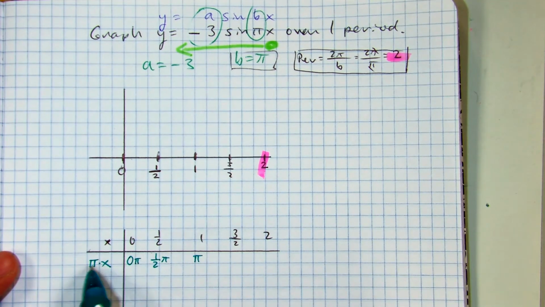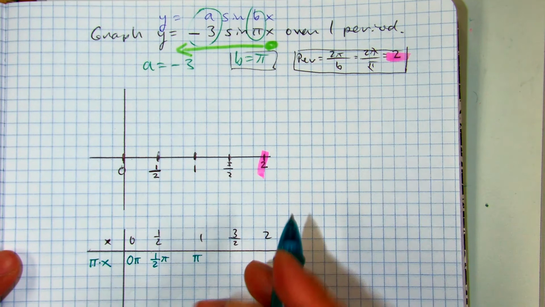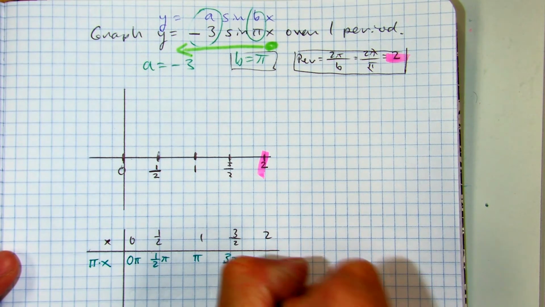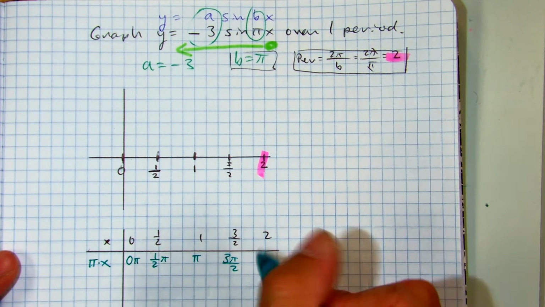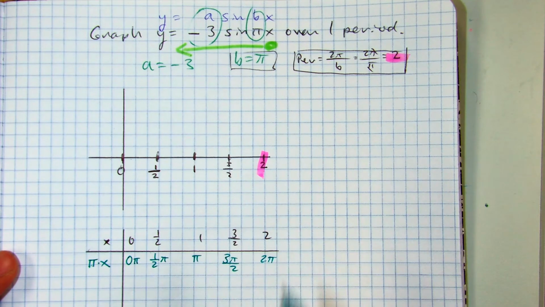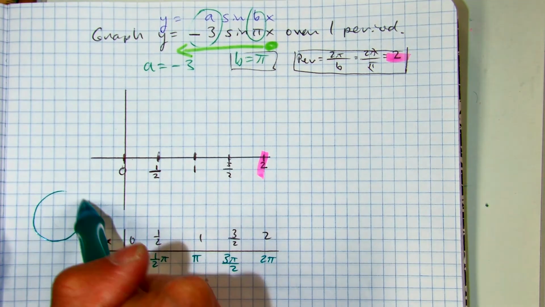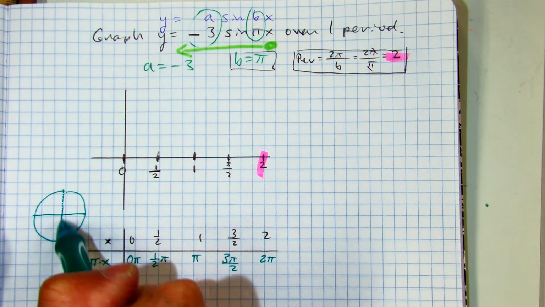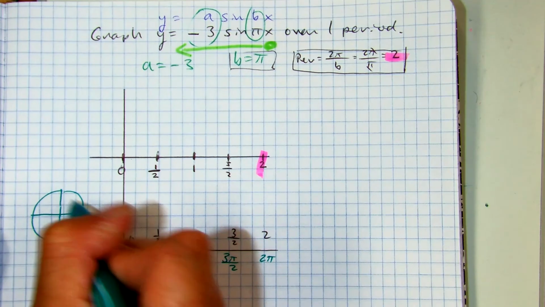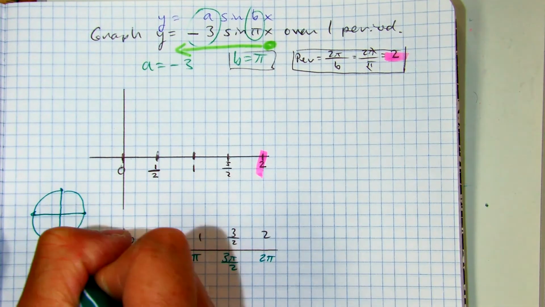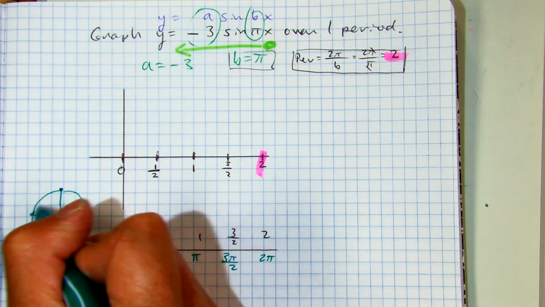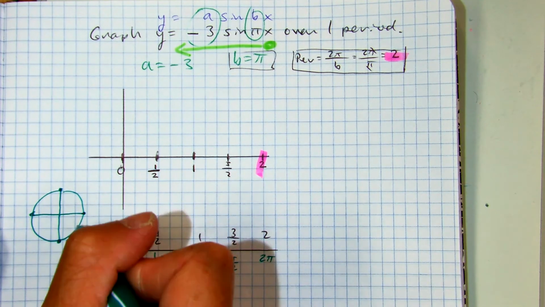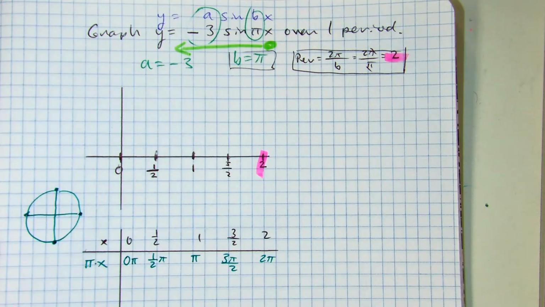Pi times 3/2, 3 pi over 2. And pi times 2. Everyone say always. They will always go back to the quadrantals. Always. This is your safety net. This is your teddy bear. This is the nightlight at night, right? Whatever comforts you, this is it right there.